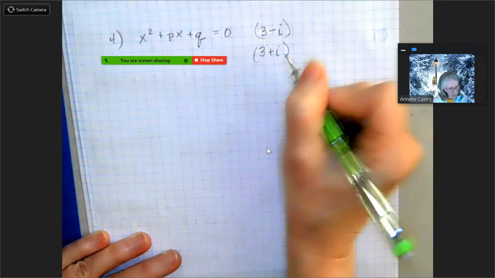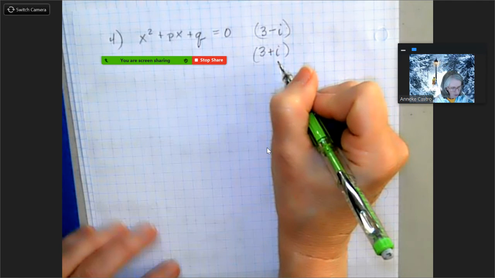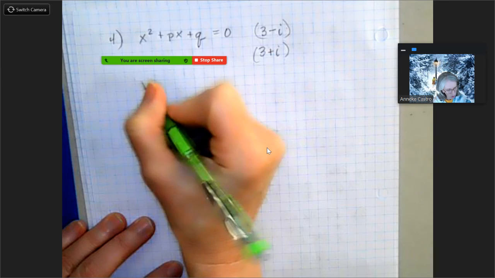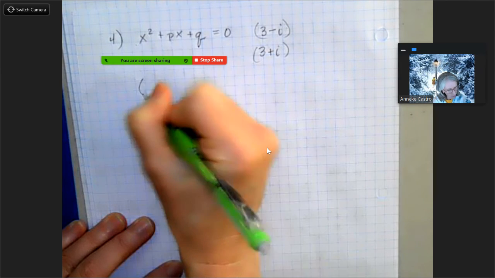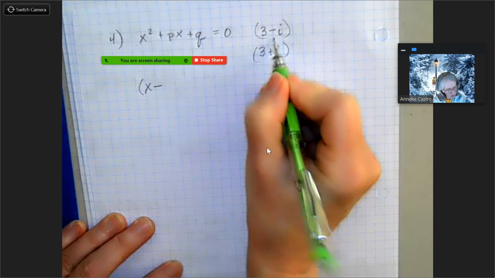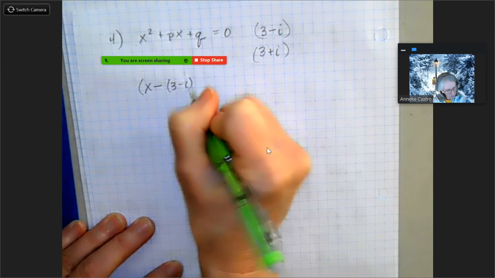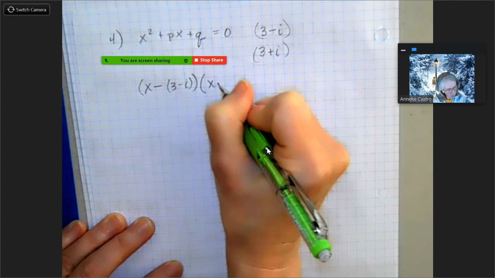So therefore, I can set up this problem just like I did on problem 3. I can work my way backwards. If I were to factorize this, knowing the solutions, I would have x minus one of these, and x minus the other one.